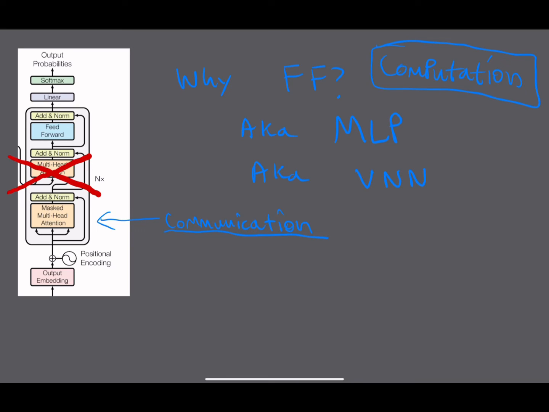So after we've let the tokens talk to each other, after we've let the tokens do their communication, we want to let the tokens have some time as they pass through these linear layers, and of course non-linearities like ReLU as well. We want to let the tokens actually do computation, and this is all going to factor in to the model's prediction in the final layer or two where the model predicts the next token.